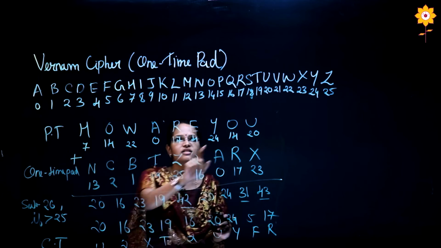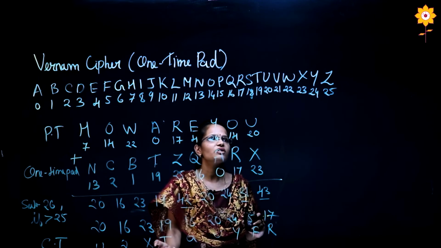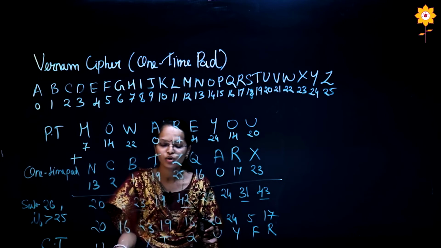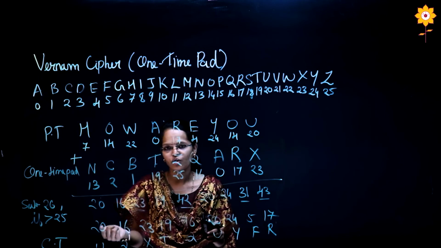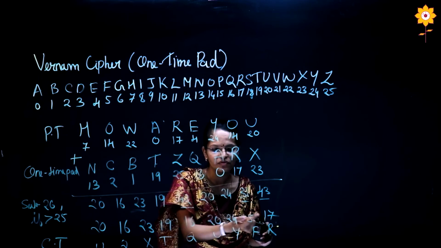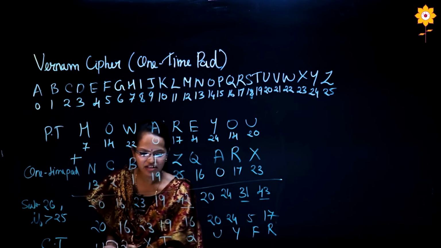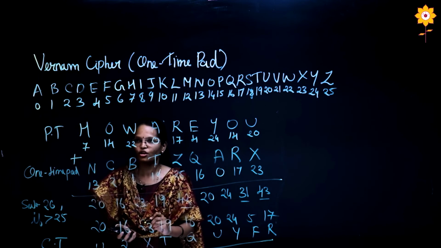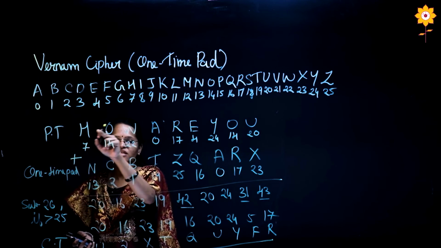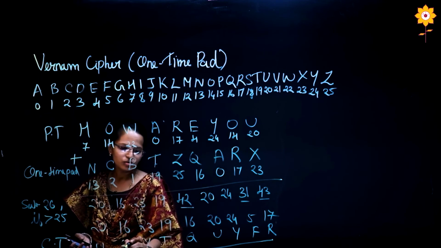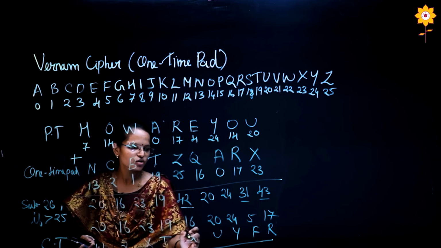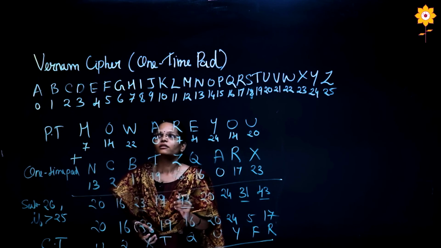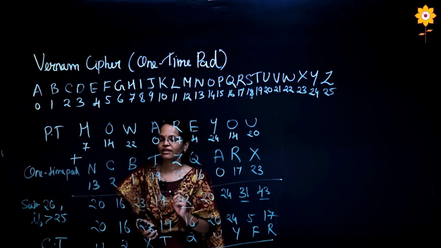Similarly, for 16, 16 is Q, 23 is X, 19 is T. Like this you need to write down all the alphabets present at the given sequence of numbers, and whatever sequence of alphabets is generated, that is our cipher text. So for the plain text message how are you, U, Q, X, T, Q, U, Y, F, R is the cipher text using the technique called Vernam cipher.